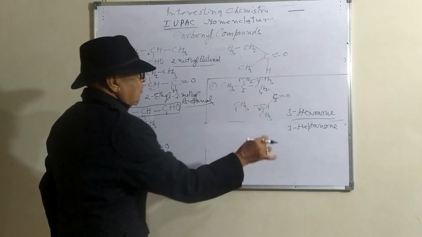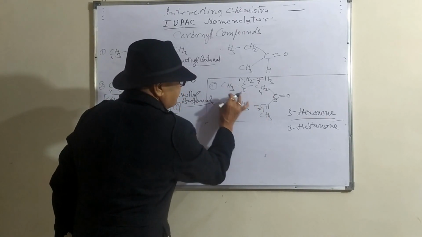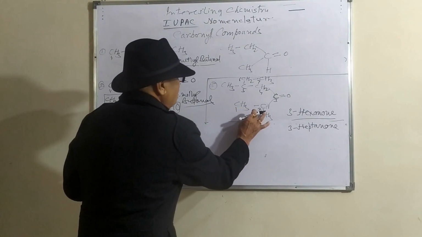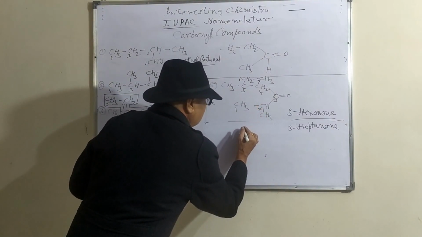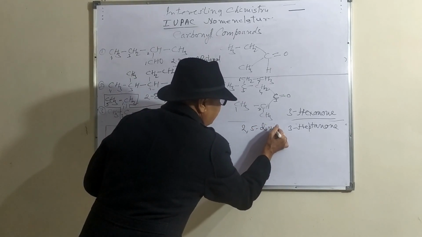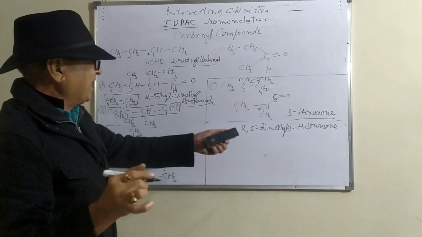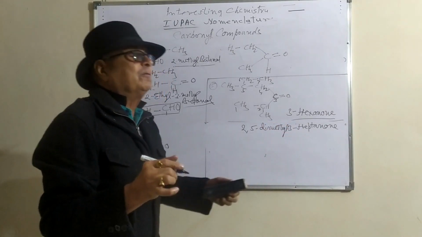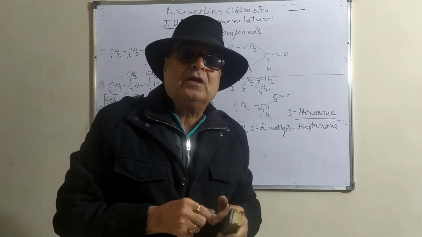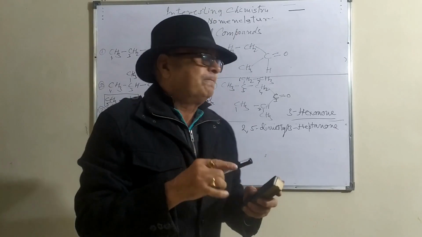Now there is a CH3 group, both CH3 groups, on 2 and 5, so you will write 2,5-dimethylheptanone. One thing I am telling you: the name tells us the total number of carbon atoms found in the compound.